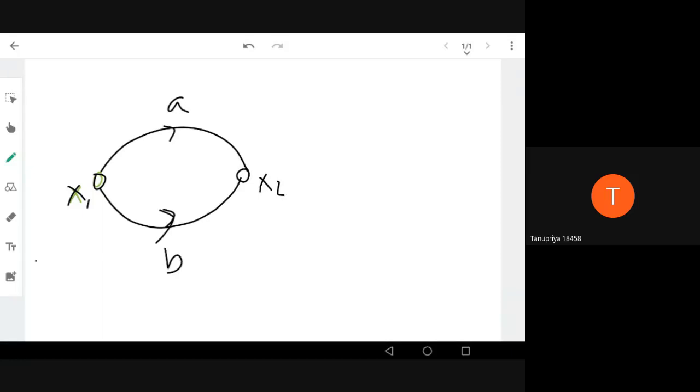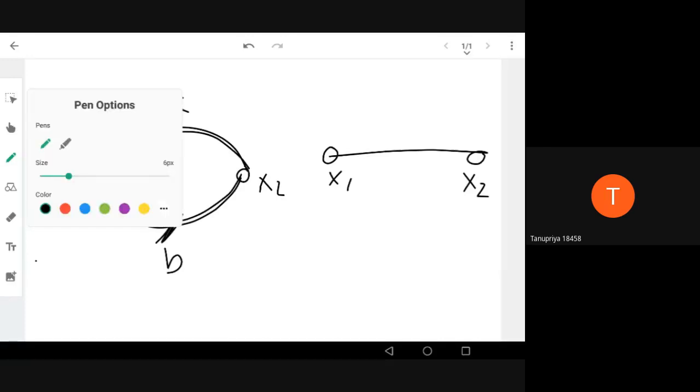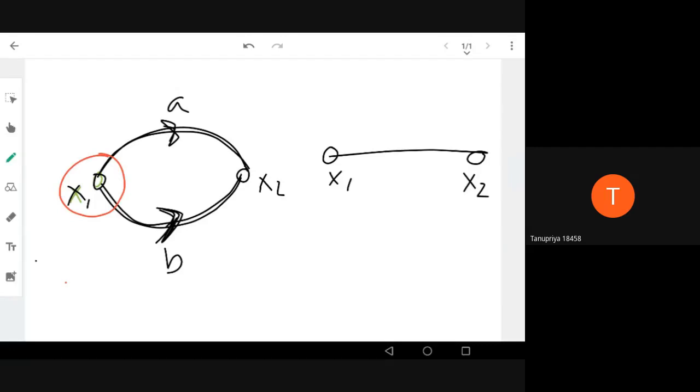The same thing can be simplified as a single path from x1 to x2, where these are parallel. The signal at x1 is common and propagates through gain A and gain B, so the net gain is A plus B. Clear? It's the same thing we did in signal flow graphs.